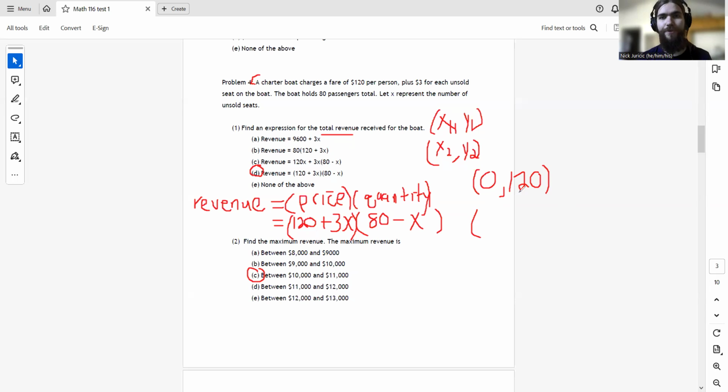But it would be a lot higher. But in general, it's going to go up. So imagine if there was just 1 unsold seat, there were 79 people on the boat that had seats. They say that they're all going to get charged $120 per person plus $3 for each unsold seat. There's just one unsold seat. So if you wanted to find the price function as a function of X, it would be linear and you could use these 2 points to find it.